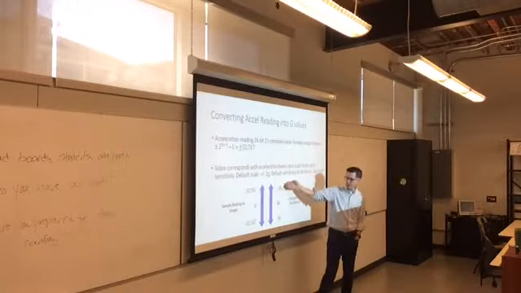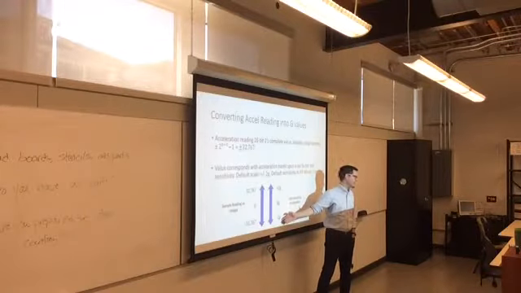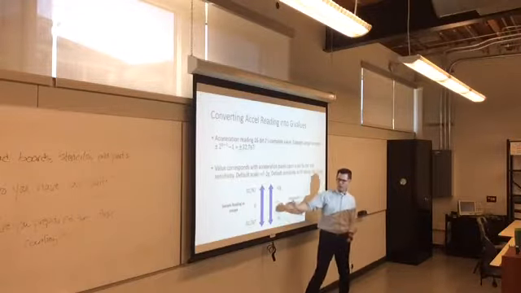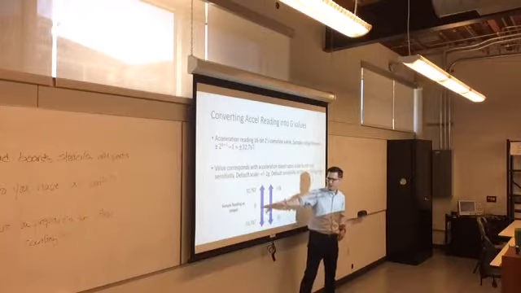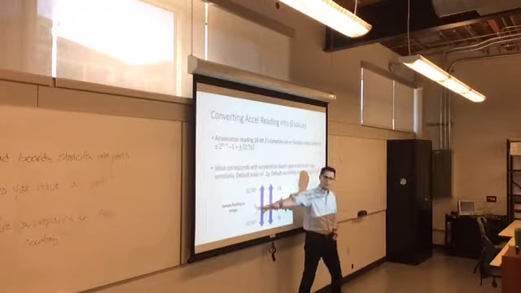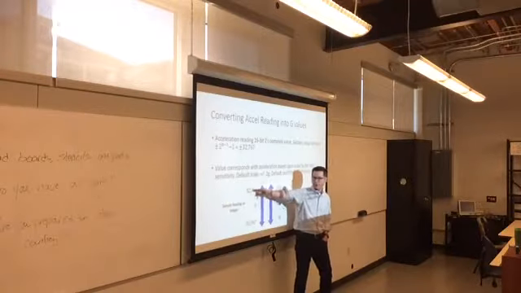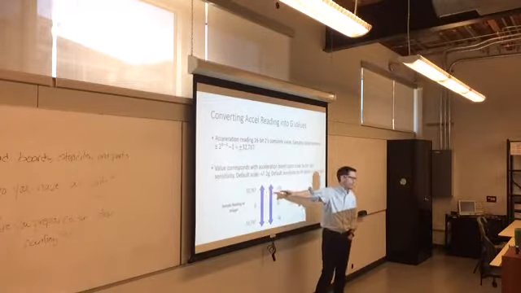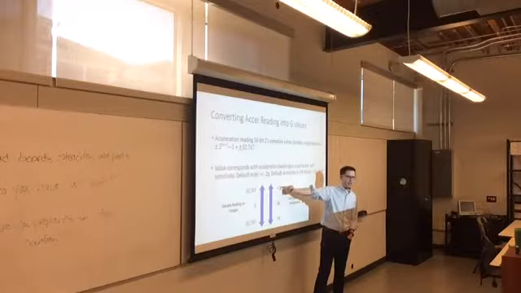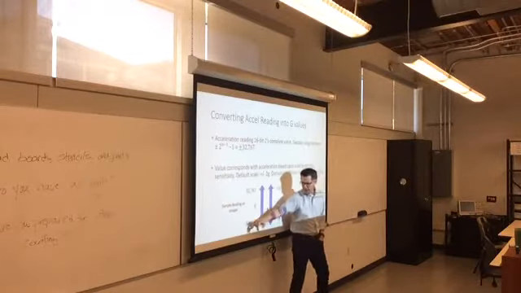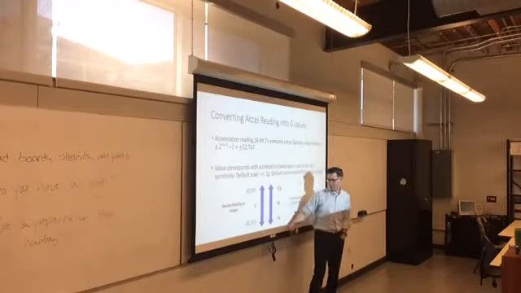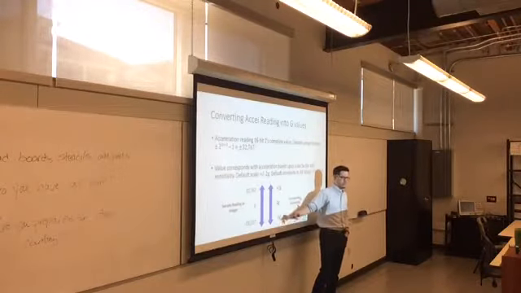And that maps between 2Gs and negative 2Gs. So if you get the value 0 from your accelerometer, that means you have 0 Gs. If you get the number 32,767 from your accelerometer, that means on that axis it was experiencing 2 Gs. If you get negative 32,767, that means you experience negative 2 Gs.